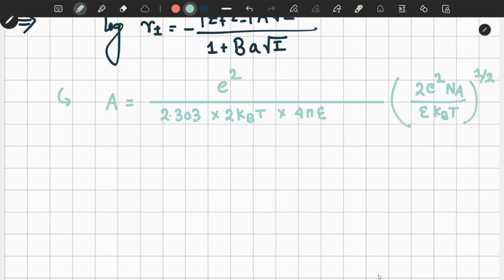So this is the expression of A. How to get this? If you solve the Debye limiting law, then it will appear.